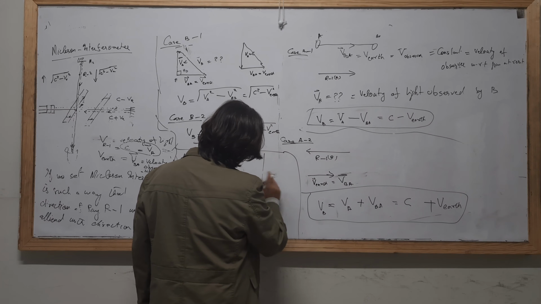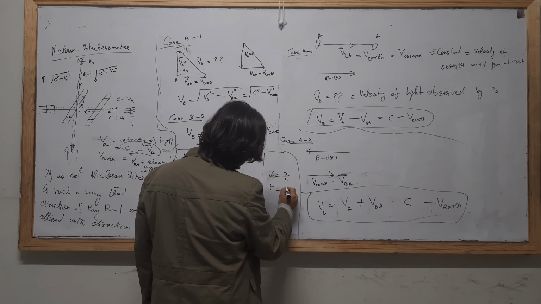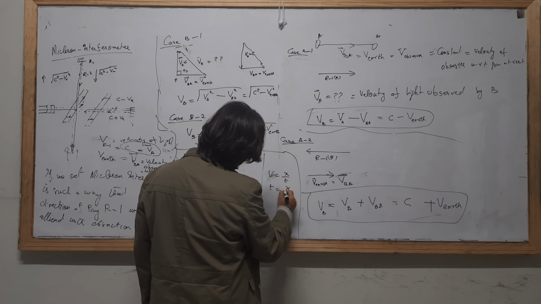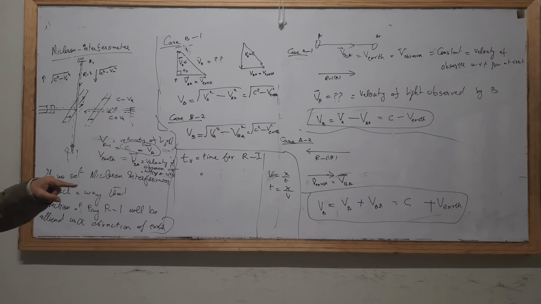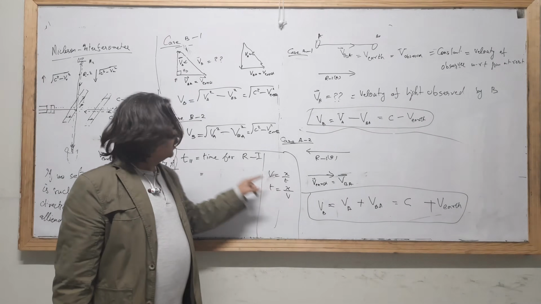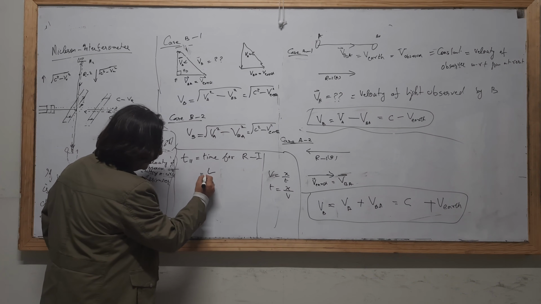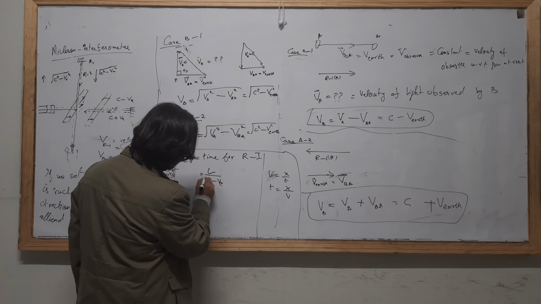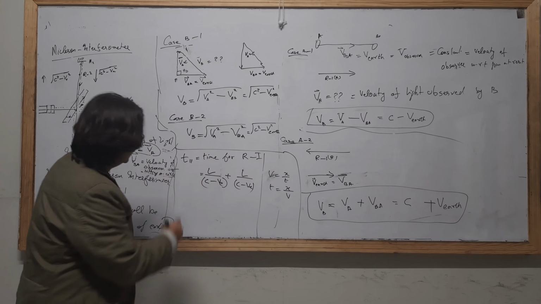Velocity is x over t, so t is x divided by v. The total length was L, I have said that. So the time for R1 is L over C plus VE plus L over C minus VE. This was T parallel.